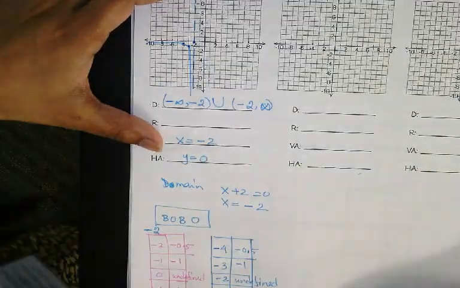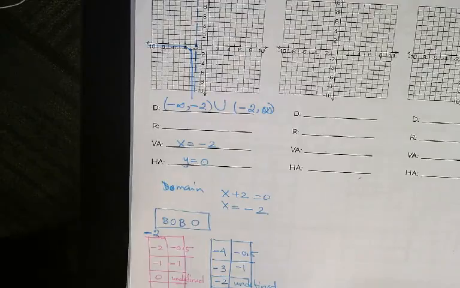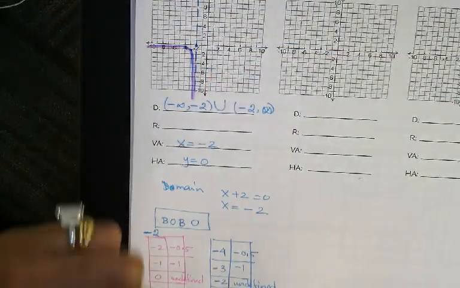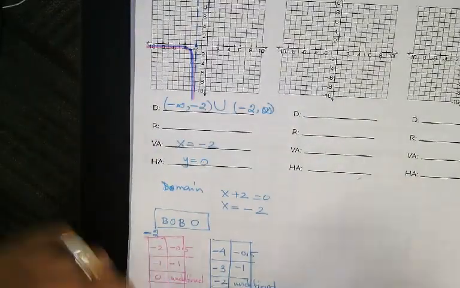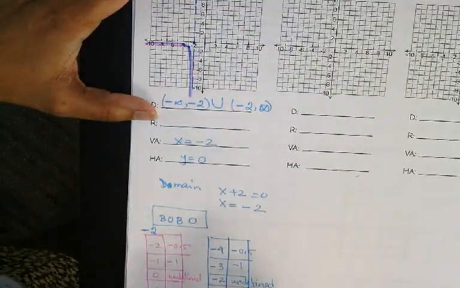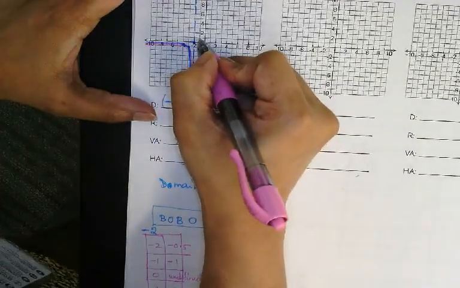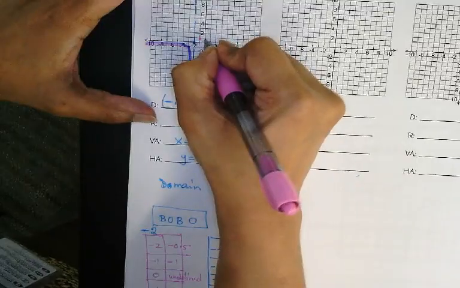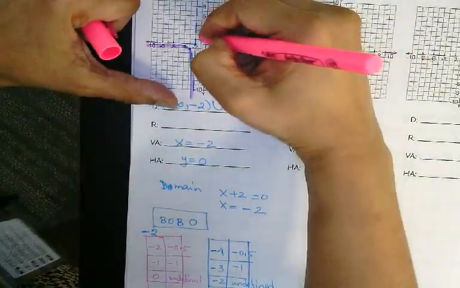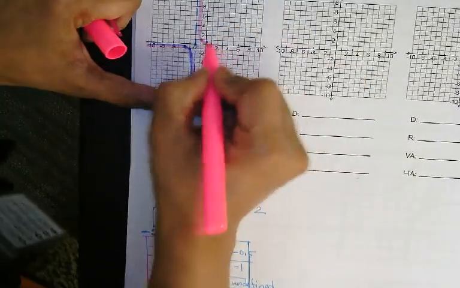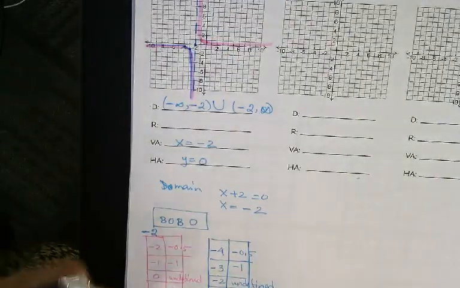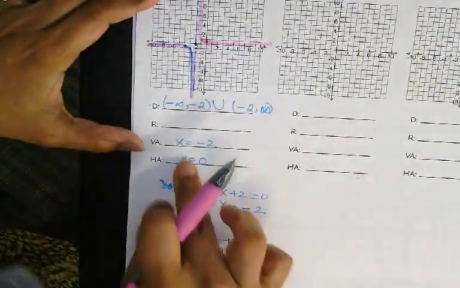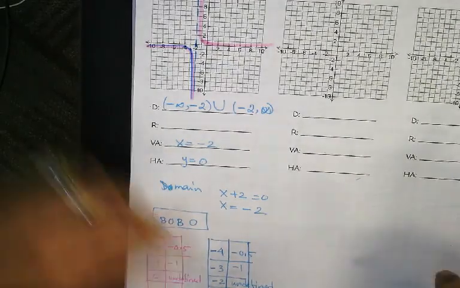The other one on the other side is going to be -1, 1 and 0, 0.5. Perfect. That's my new graph. If you look at this one, the horizontal asymptote was y equal to 0. So we are going to draw that also.